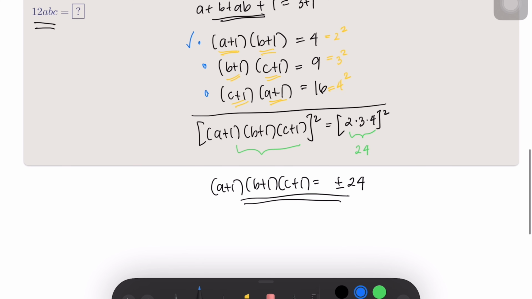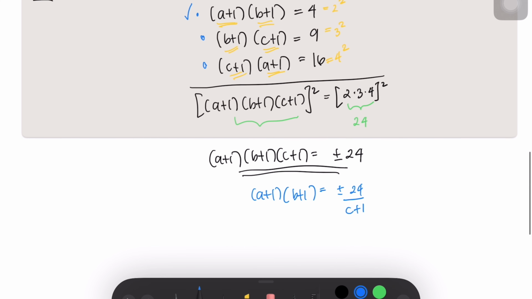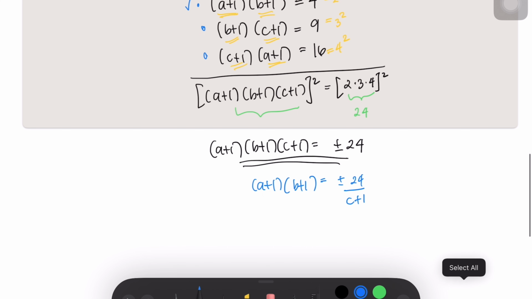So if we rewrite this one in terms of this, it's actually a plus 1 times b plus 1 equal to plus minus 24 over c plus 1.